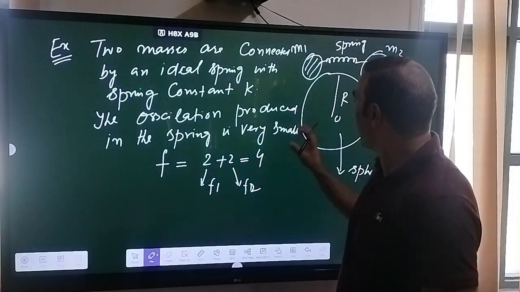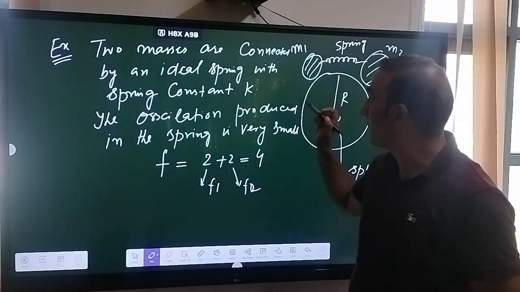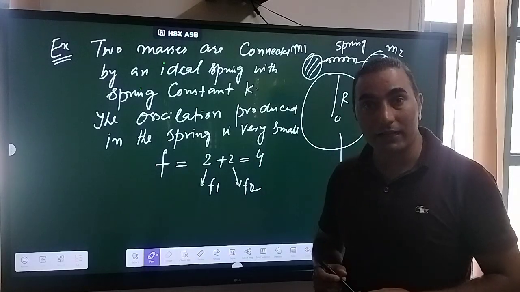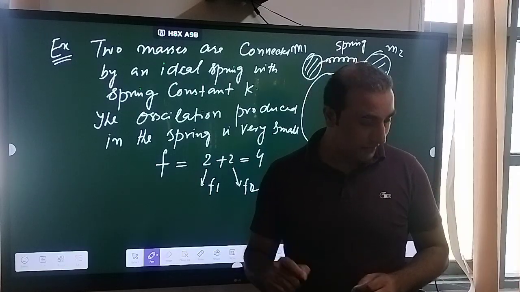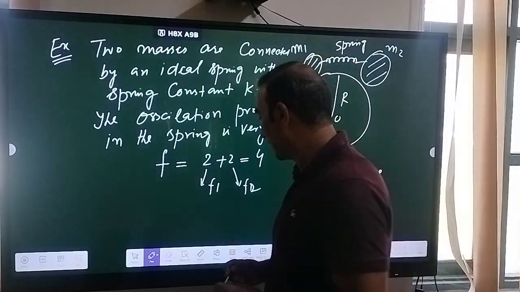Now I can make a little bit modification. Instead of putting that spring, if I put some string, अगर इसको मैं replace करूंगा string से, so what should be in our case?